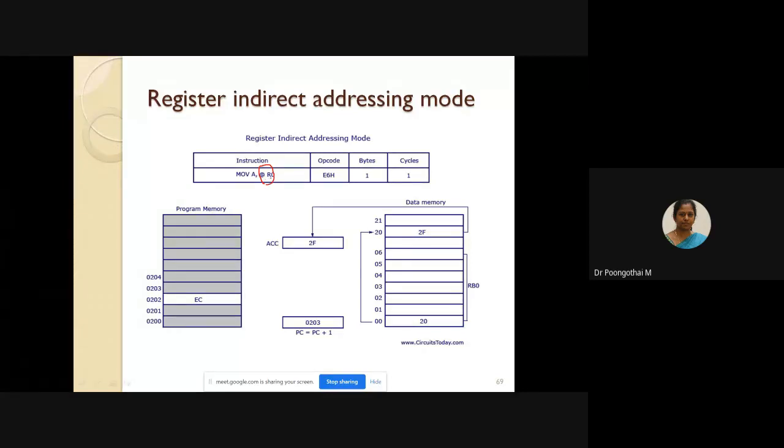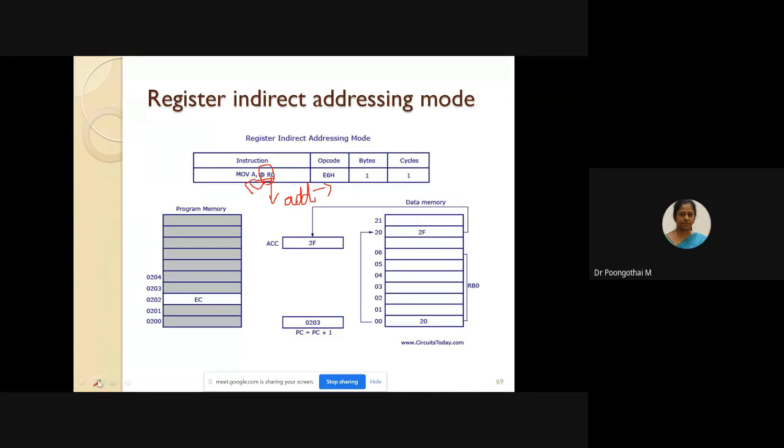The value inside R0 is considered as an address, not data here. The symbol used here is the @ symbol. The value inside R0 is an address, and that address holds the data to be transferred to the accumulator.